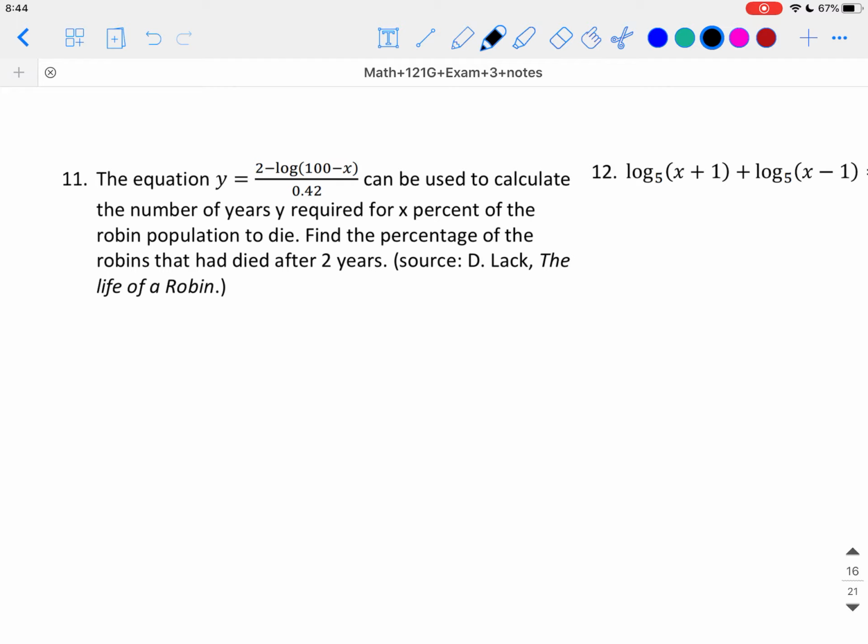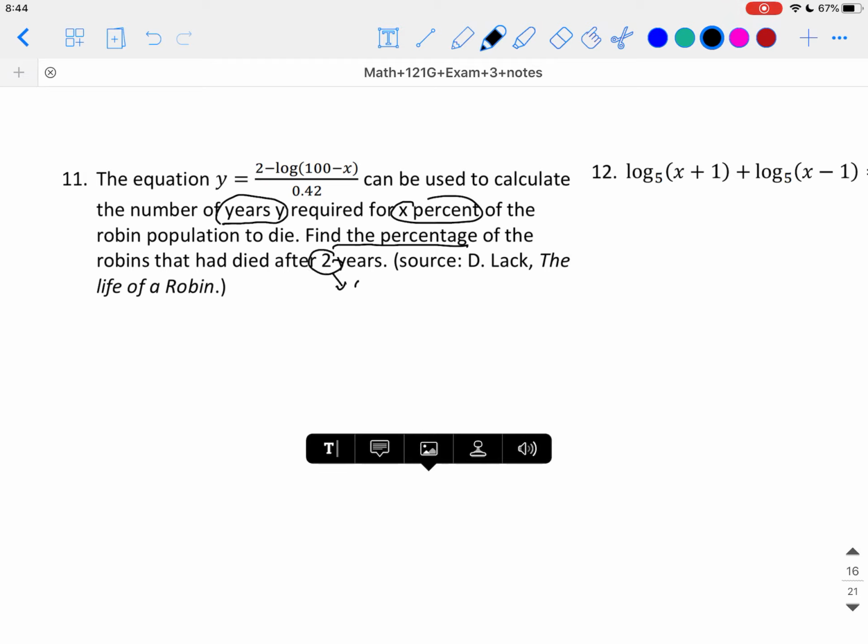Find the percentage of the robins that had died after 2 years. So the years is y, and x is going to be the percent. And we will need to find the percentage.